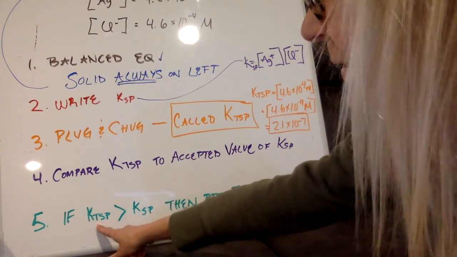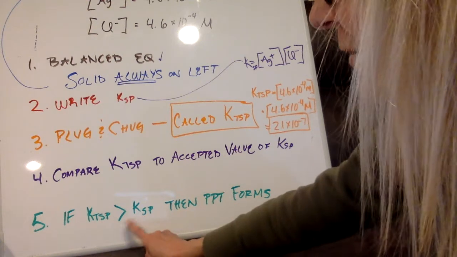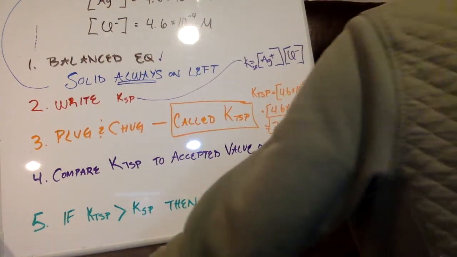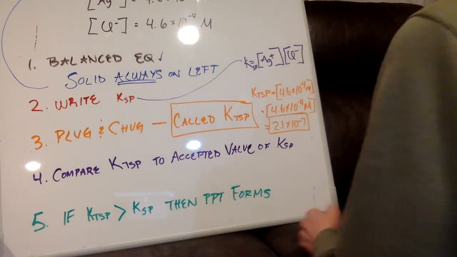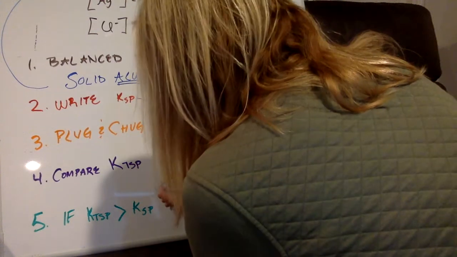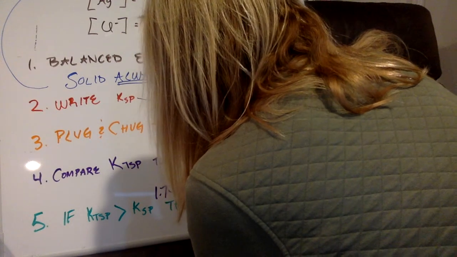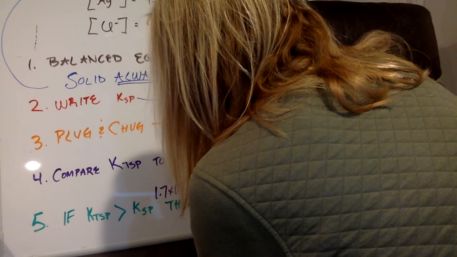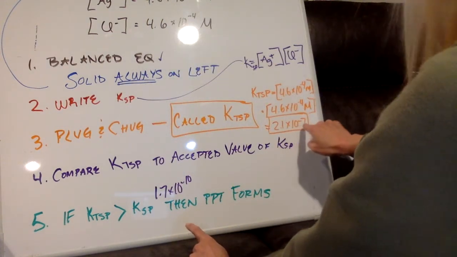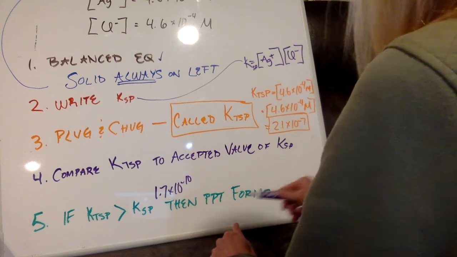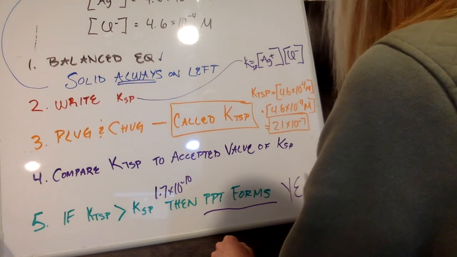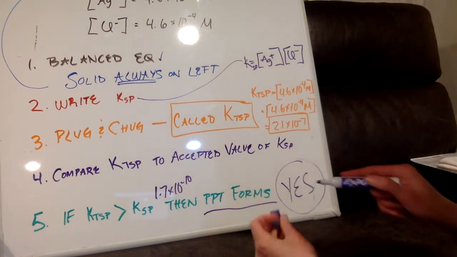If the trial KSP is greater than the given KSP, so you look up silver chloride, and when I look up silver chloride in my kit, the KSP is 1.7 times 10 to the negative 10th. So yes, something times 10 to the negative 7th is definitely bigger. So then if it was asking you if a precipitate forms, you would say yes, the precipitate forms.